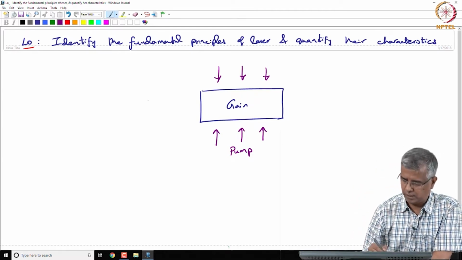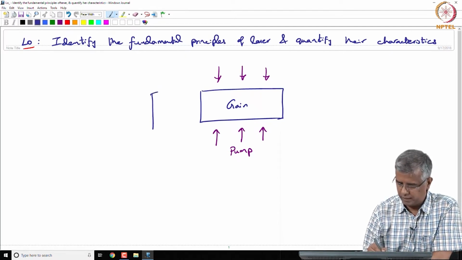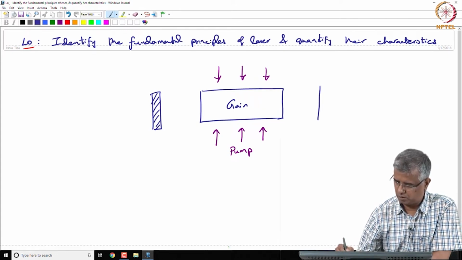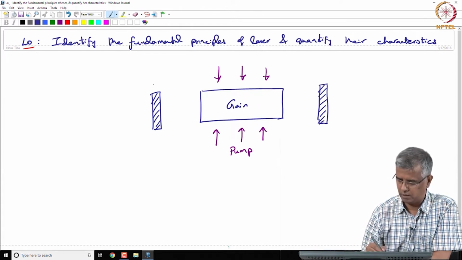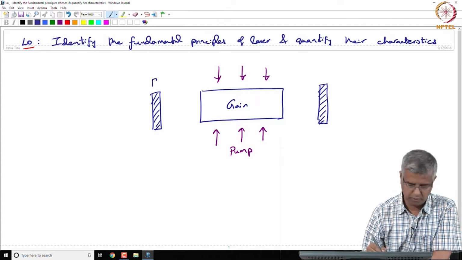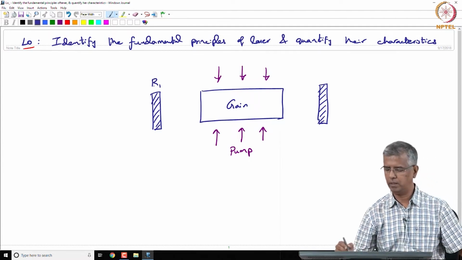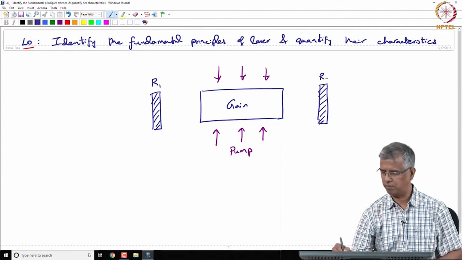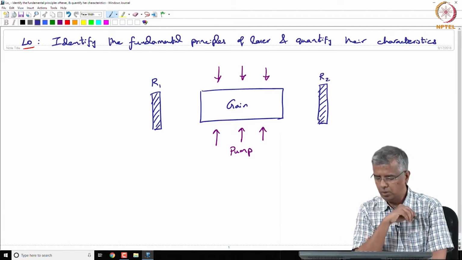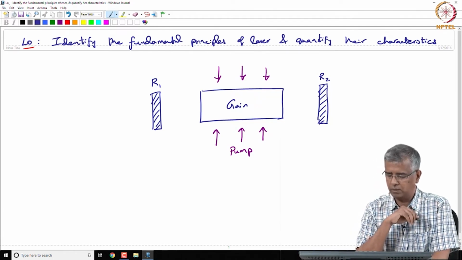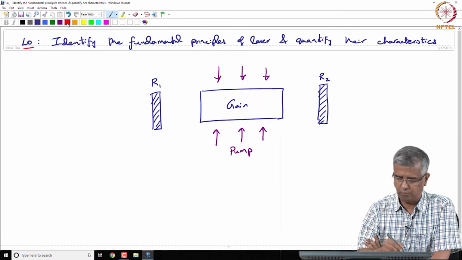And we said we will make a laser by providing feedback. So, we will put a mirror here and another mirror here. Let us call this mirror with reflectivity R1, and this mirror with reflectivity R2, so that those provide the feedback.